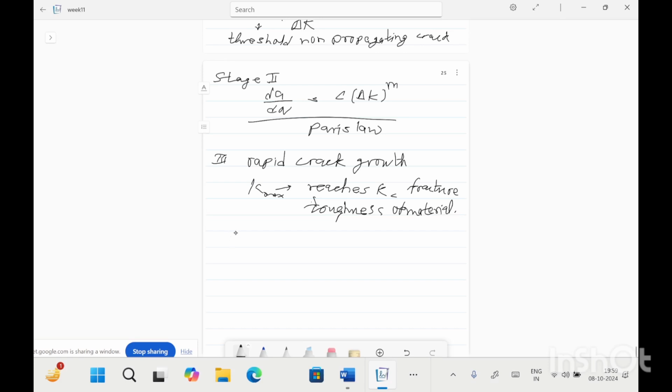So for this condition, the R stress ratio can be written as K minimum by K max, which can also be written as sigma minimum by sigma max.